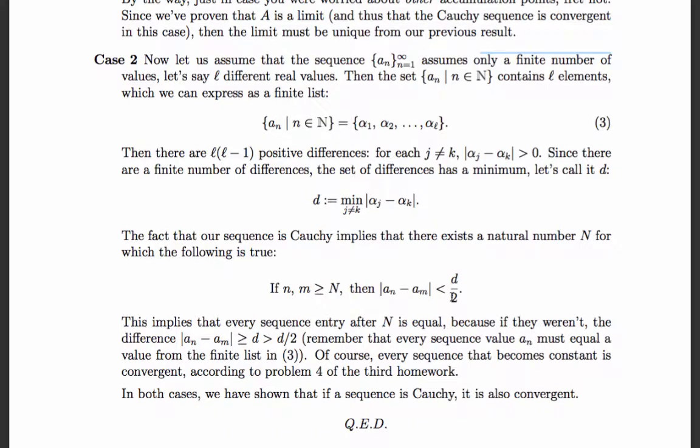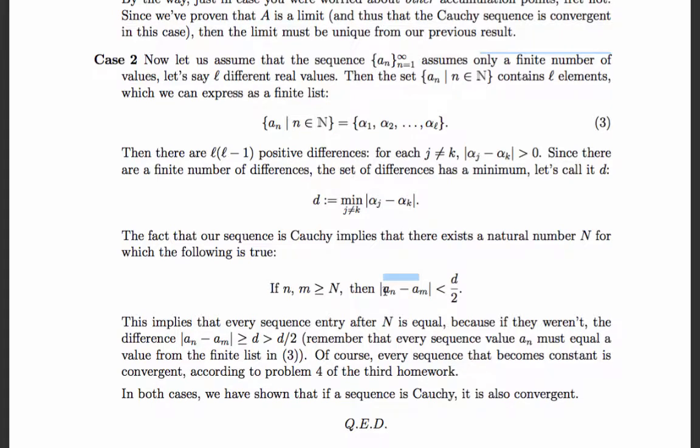And we can do that because epsilon in the Cauchy definition is arbitrary. And certainly D is positive and D over 2 is positive. So it can play the role of my arbitrary epsilon. But it's not possible for there to be a difference of values less than D over 2 unless that difference is 0.